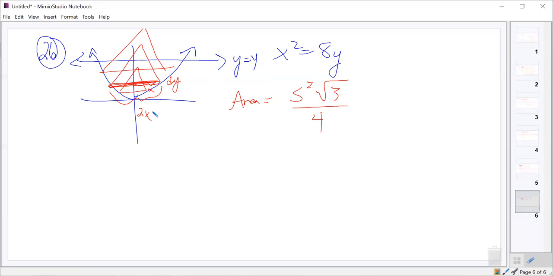So the side length is 2x. So we've got (2x) squared root 3 over 4, which becomes what? Just x squared root 3. Everybody good with that so far? But that's not what we want, right? Because we need it in terms of y. So what is x squared root 3 in terms of y?